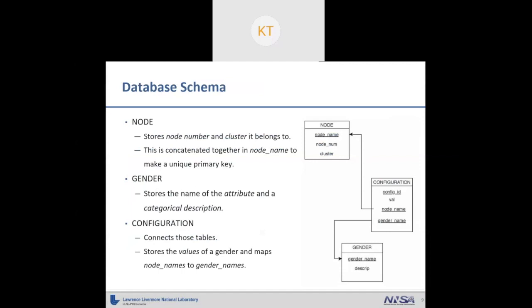The gender table at the bottom stores the name of the attribute and a categorical description that can be manually entered by a user. The configuration table in the middle connects these tables to store the values of a gender and maps node names to gender names using a join. The config ID follows the same logic as node name, where it is a concatenation of node name and gender name to make a unique primary key.